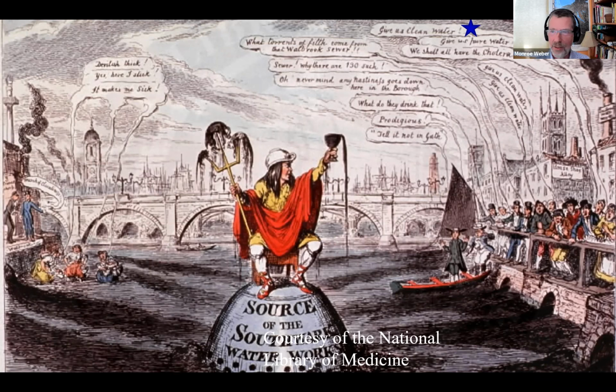And I know that the image is not great, but you can make out maybe a few of the sayings, like it's devilish thick and it makes me sick. And there's a line about give us clean water. And there's a line about sewers. Why, there are 130 such. There are 130 sewer outfalls coming into the Thames River. And why do you drink that?